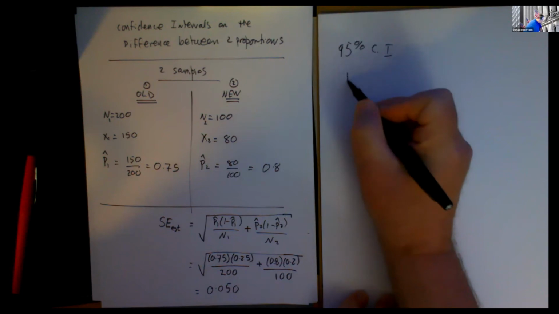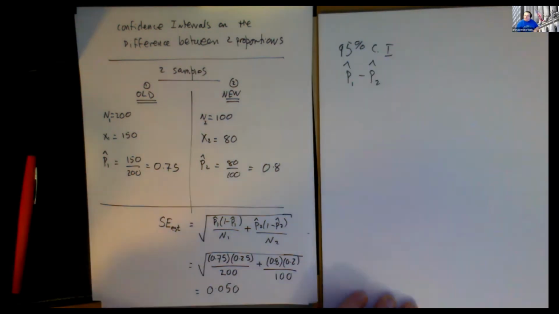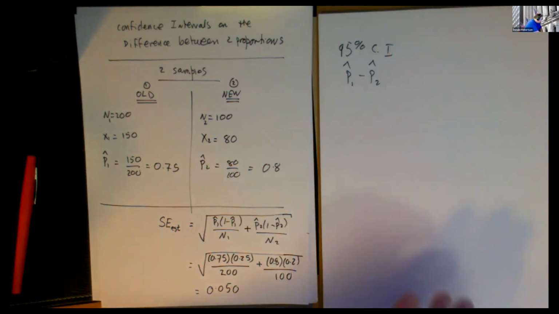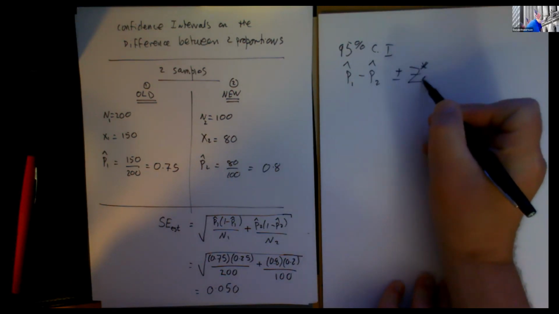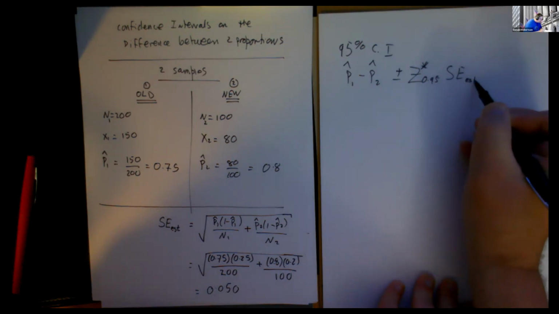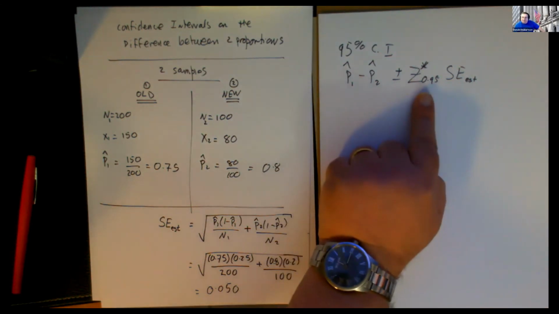The formula is P1 hat take away P2 hat because it's the difference that we want, right, between the two. Plus or minus that funny little guy there times the standard error. Okay, let's see what's the same, what's different. Do you agree that this here is very similar?